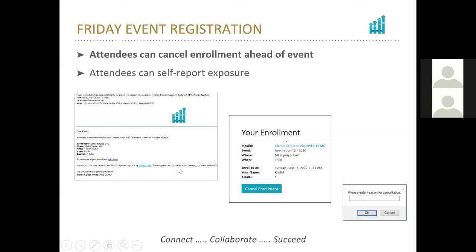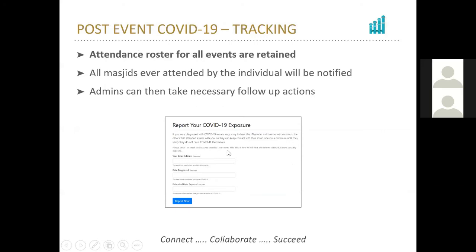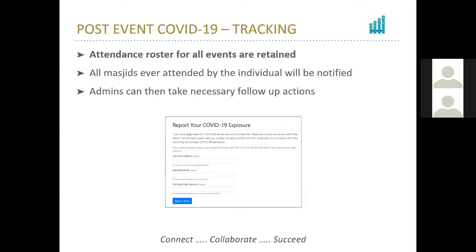And that is important, because it'll open up a page. It'll ask you for your email and the date you were diagnosed, the estimated date you were exposed to anybody who had COVID. And this will send an email to the masjid administrator that an individual who attended Friday on August 21st has reported that he or she got exposed to COVID.